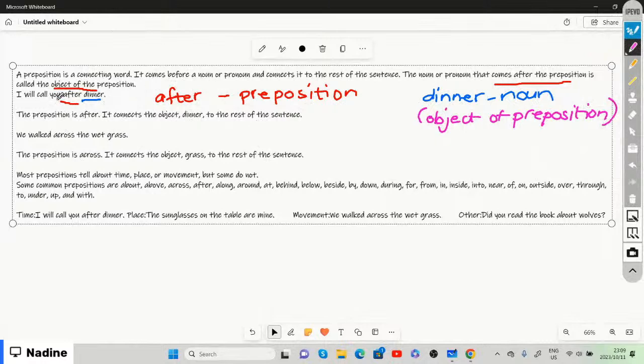So I will call you after dinner. And like we say, after is our preposition. And dinner, which is the noun, is also the object of preposition because the noun or pronoun that comes after the preposition, we call the object of preposition.